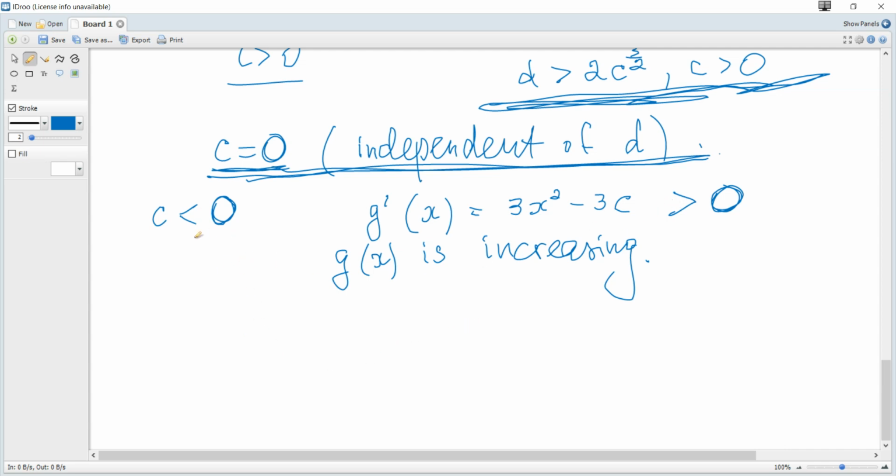And we can see that it's also independent of d.